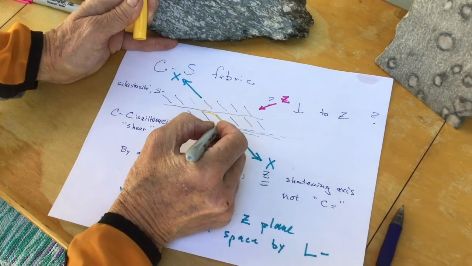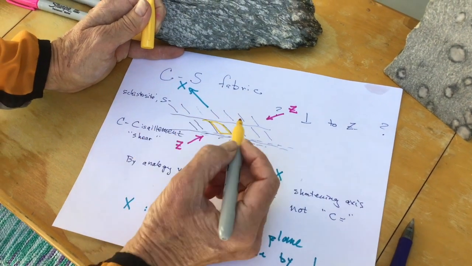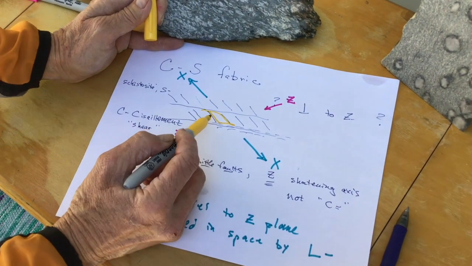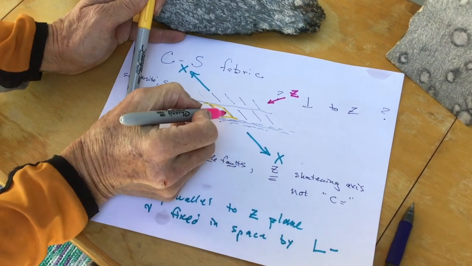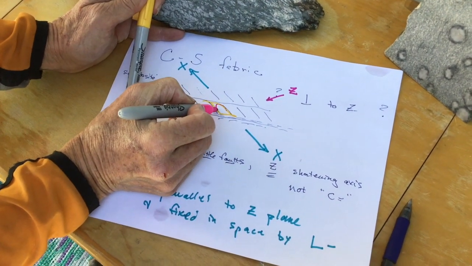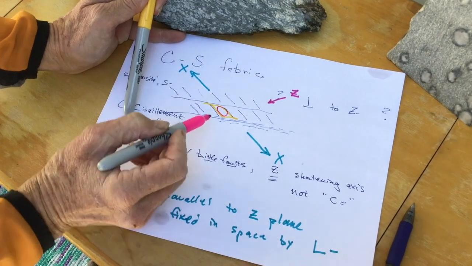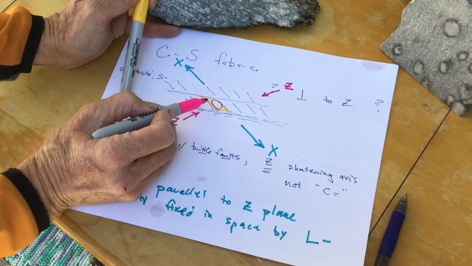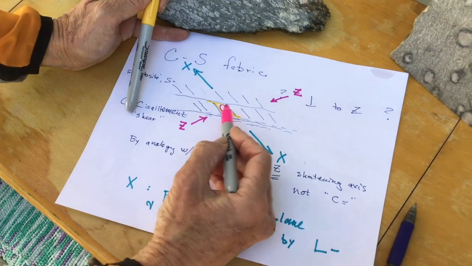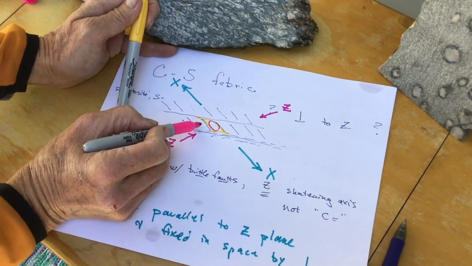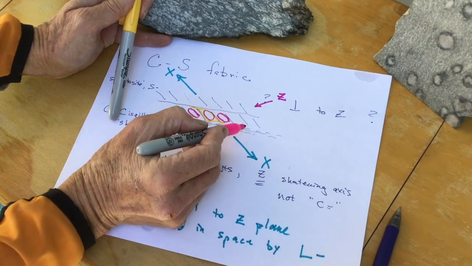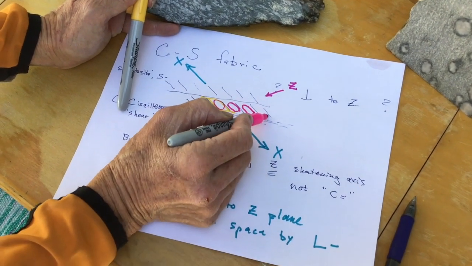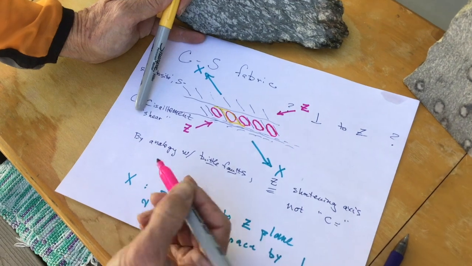We can view that as a sigma clast with an asymmetry, and we could generalize that as a symmetrical shape that's useful, and that's a strain ellipse, a reference ellipse whose long axis goes with X, short axis goes with Z. We can picture an angle of inclination of ellipses that fill these rhomboid spaces.